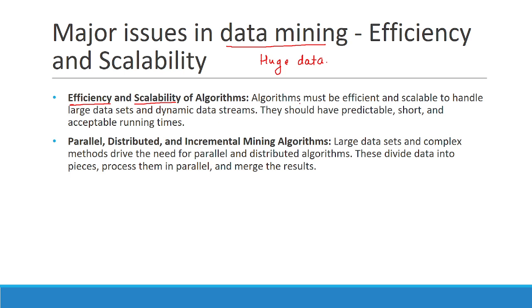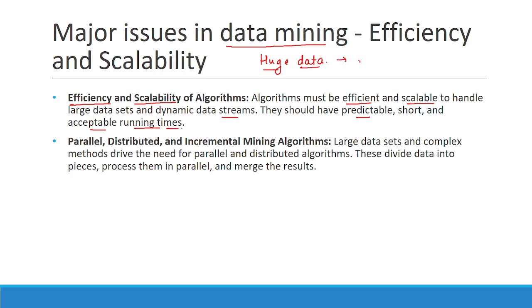Whatever algorithm we are developing, whatever algorithm exists, there will always be a chance to build more efficient and more scalable algorithms that can handle large data sets and dynamic data streams. Okay, and they should have predictable, short and acceptable running times. This is very important because we are working on huge data.